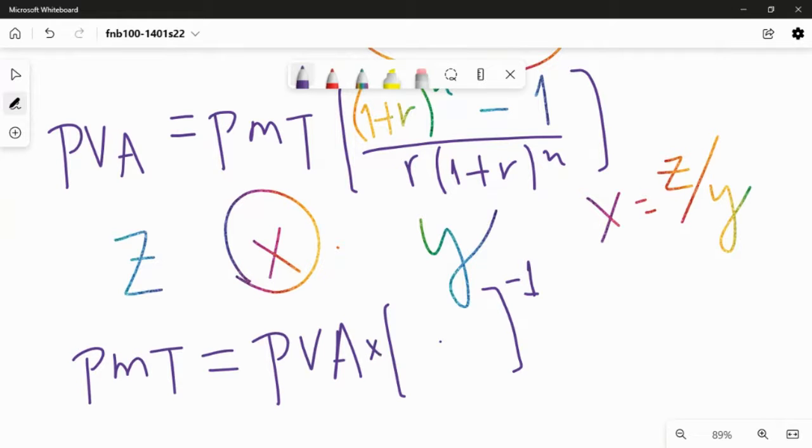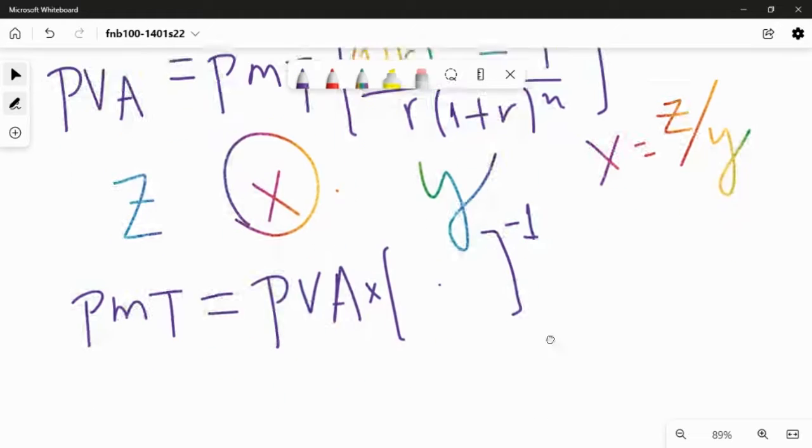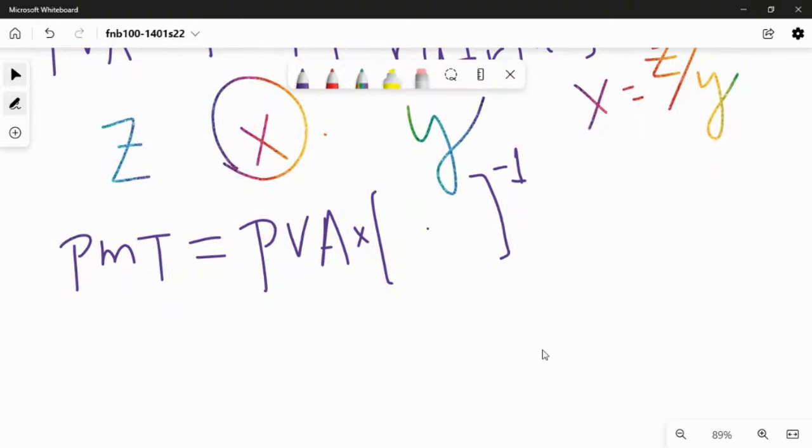So we can multiply by the reciprocal of the thing in the bracket. And what's the thing in the bracket? We know what's the thing in the bracket.